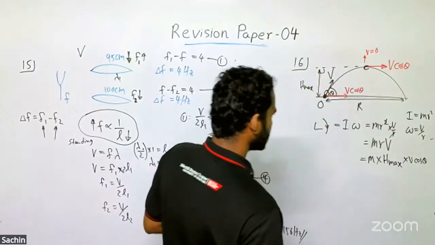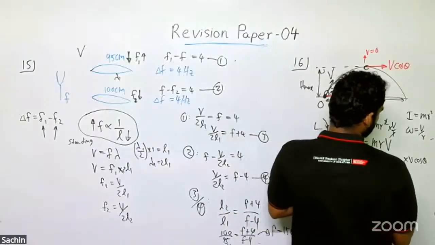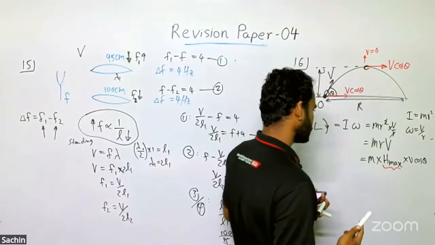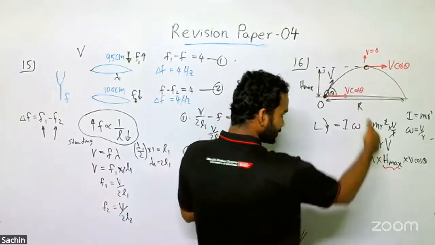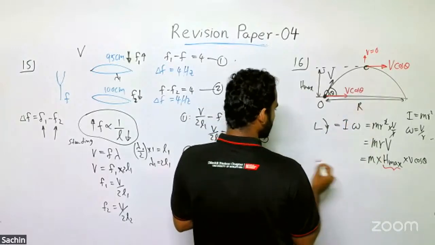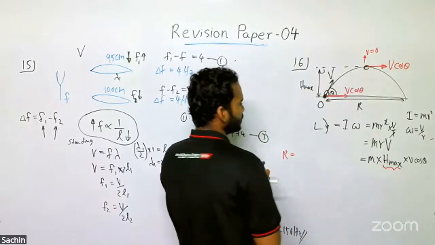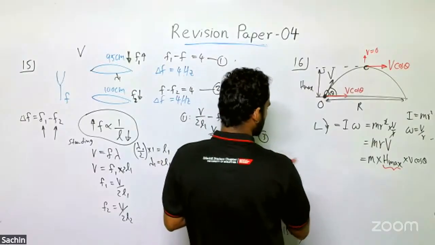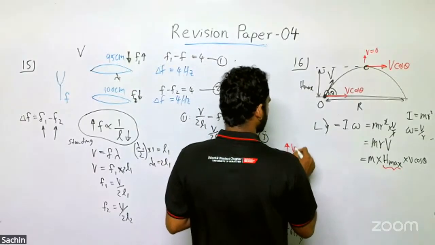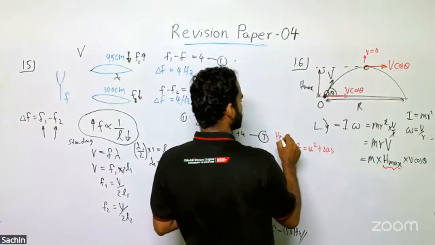So what is the maximum height? The problem is they haven't given h max in the answers, so you have to replace it in terms of R, because in the answers there is R. So let's try to do it. If you remember the projectile theory, let me try it from the beginning. I'm just writing an equation for the maximum height.